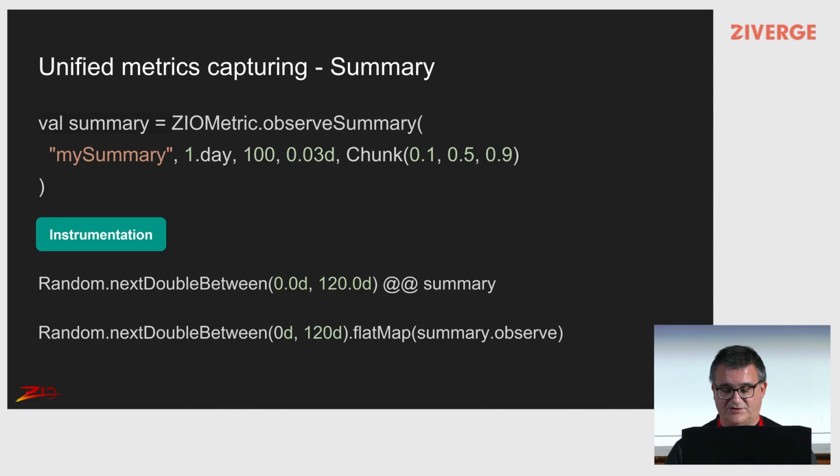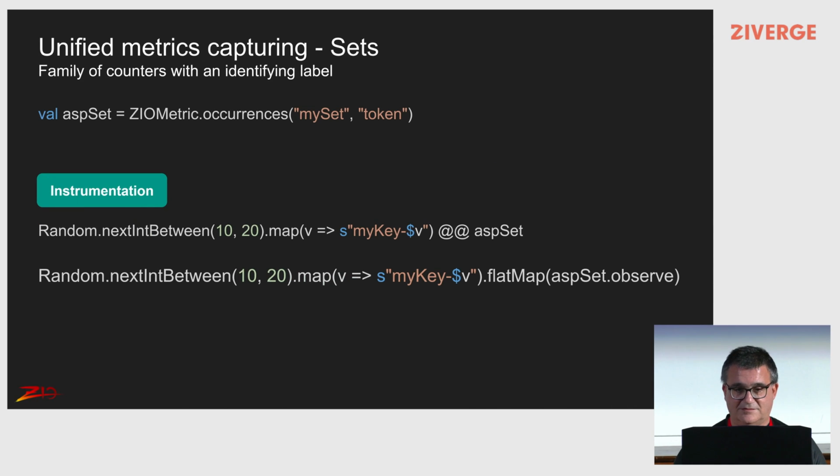So now we have captured all these metrics. Oh, sorry, there's one missing: the set. The set is just a family of counters. For example, within ZIO core, we use that to count how often we have forked a fiber from a line of code.